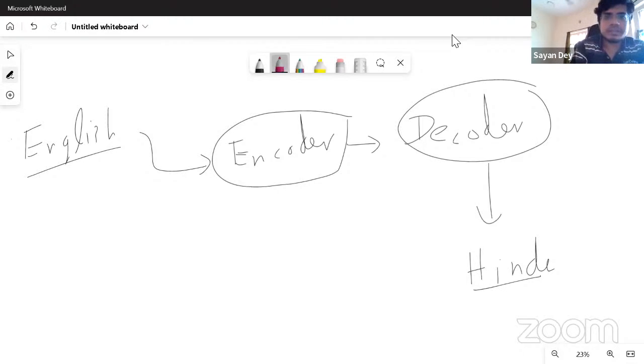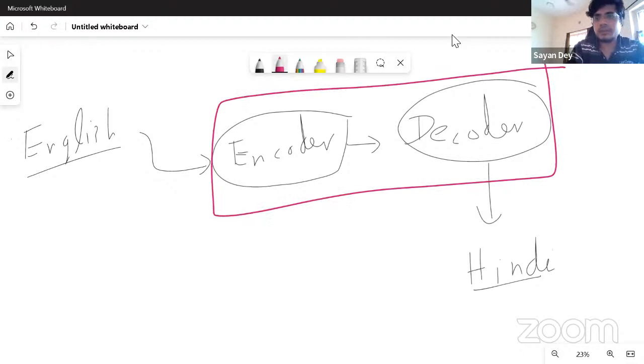This is the main block that is actually involved, the encoder-decoder architecture. So you take the English text, whatever input you have, you don't directly pass it. You pass it to the encoder, and the encoder simply goes and encodes that text. It converts each and every individual word into a sequence of numbers.